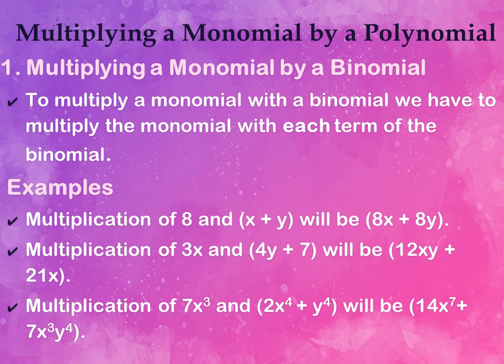Here this is equal to 7x cube into 2x raised to power 4 plus 7x cube into y raised to power 4. So here this is equal to 14x raised to power 7 plus 7x cube y raised to power 4.